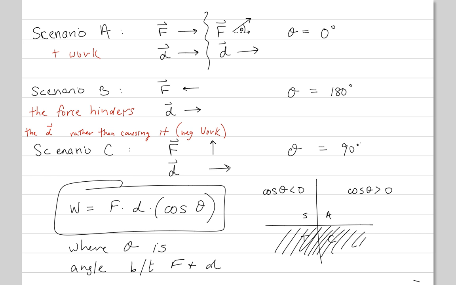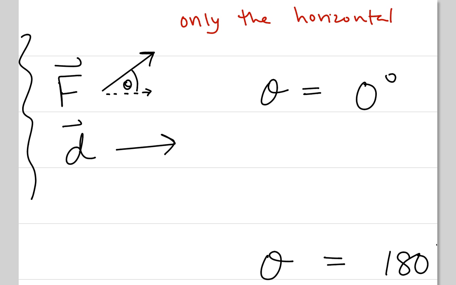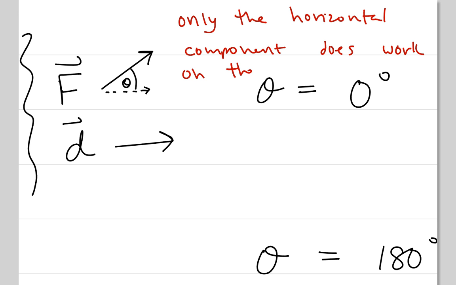And for this example up here, where you're at an angle, this is like Fido on the chain. So you can put a little note here. Your dog Fido: only the horizontal component does work on the horizontal displacement.